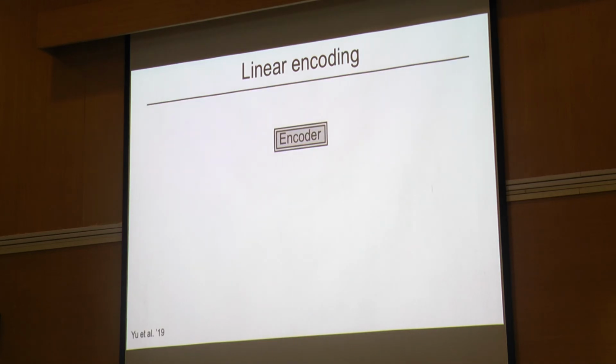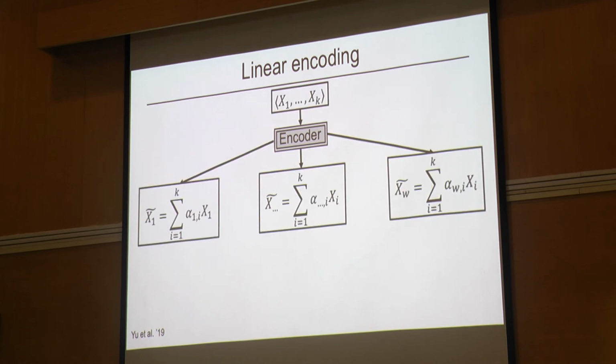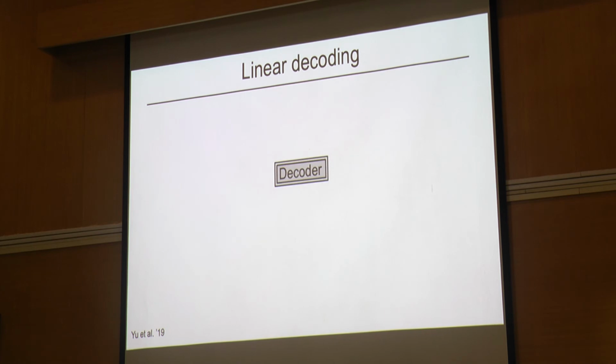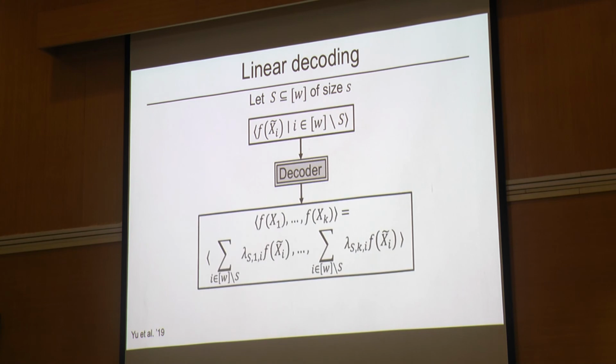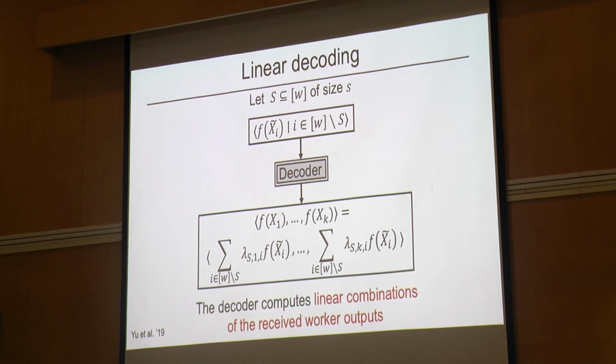In this Yu et al. work, they considered linear encoding. So the encoder takes x_i's and the x_i tildes are linear combinations. And similarly, linear decoding. This is a lot of symbols, but I'll explain at a very intuitive level, so you don't have to look at the symbols.